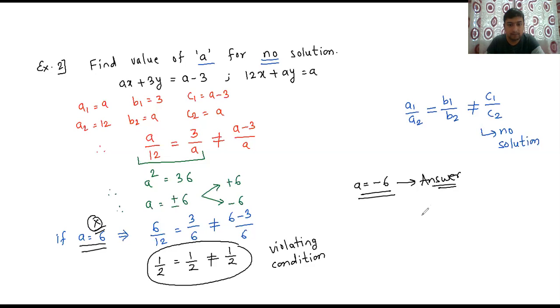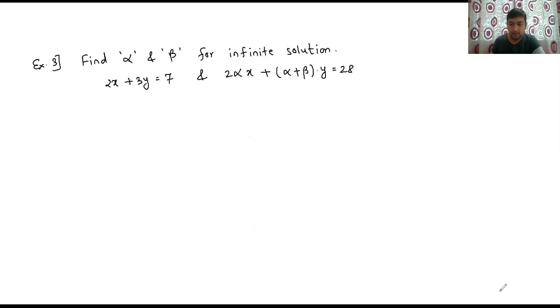Is it clear? Okay. Let us see one more last problem so that this topic will be clear. So find alpha and beta for infinite solution. What is the condition for infinite solution? A1 upon A2 which is equal to B1 upon B2 which is equal to C1 upon C2.